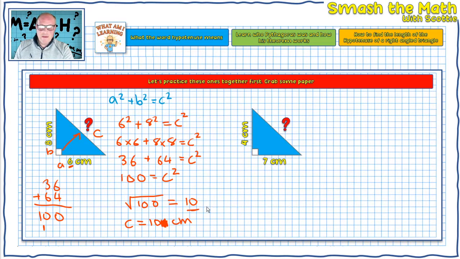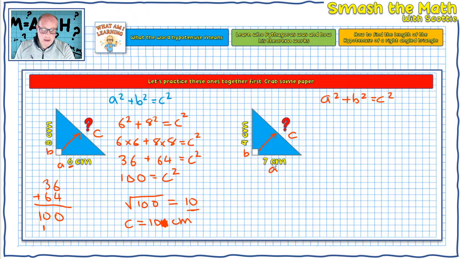Okay, right. Now, let's take a look at the second example. So again, we write out our formula, and then we label up the triangle. So we're looking for C, which is the hypotenuse, remember, which is always opposite the right angle. So that's C. We can call this A and we can call this B, or we can put it the other way around, it doesn't matter. Okay, and now we're going to substitute in our values.